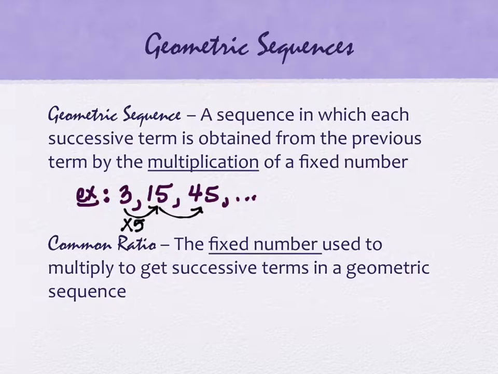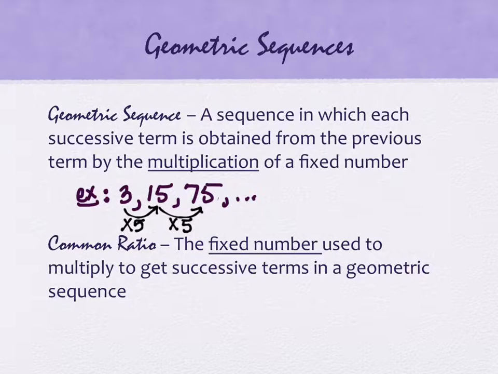I'm sorry, I screwed it up. I was doing it off the cuff. That's what happens when I'm writing down things that are on my paper. Tell me what 15 times 5 is. Is it 75? Okay, 75 is what I want there. My bad. 75. It's times 5. So this number that we multiply by is called the common ratio.